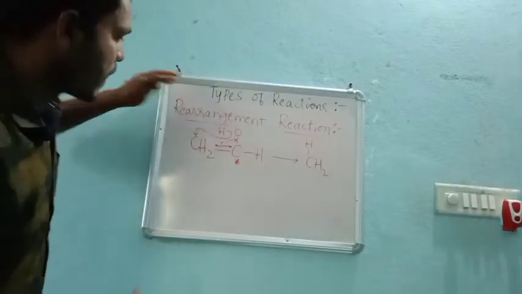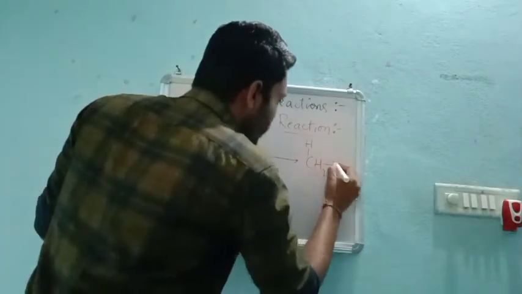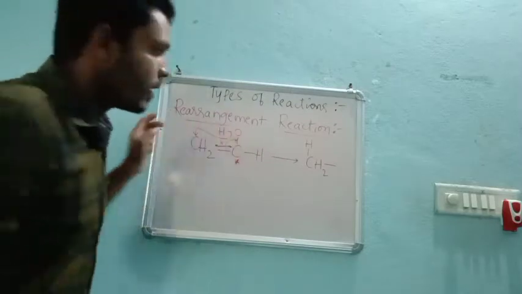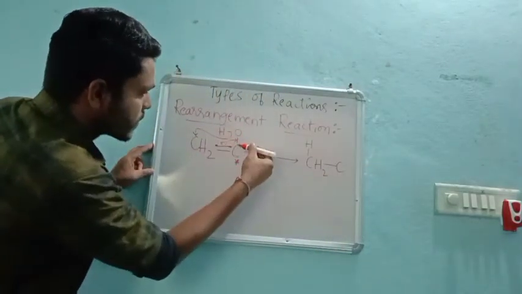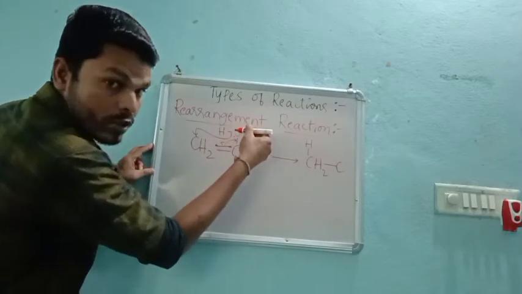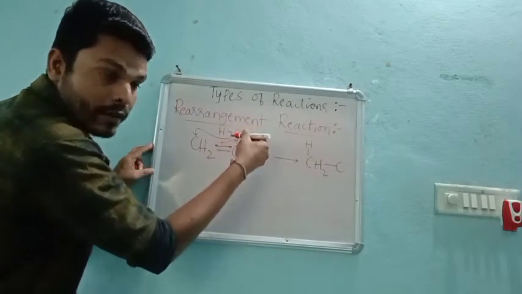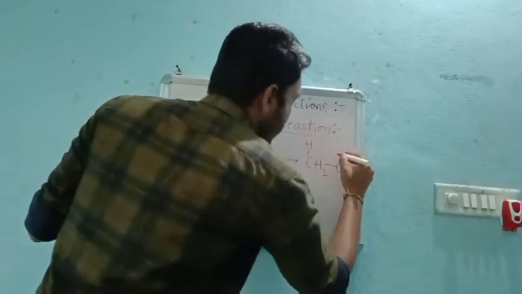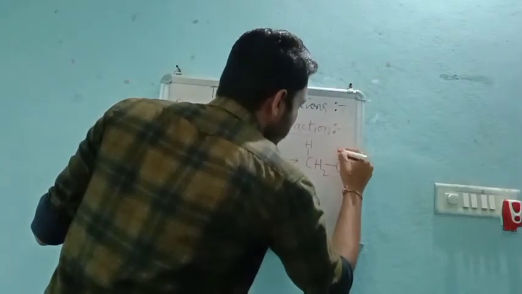Now the double bond is converted into a single bond. Very important. Why? Because the double bond went over here. Now C as it is, single bond O. That means C single bond O was there in the reactant, but now in the product, because of this bond, the single bond is converted into a double bond.